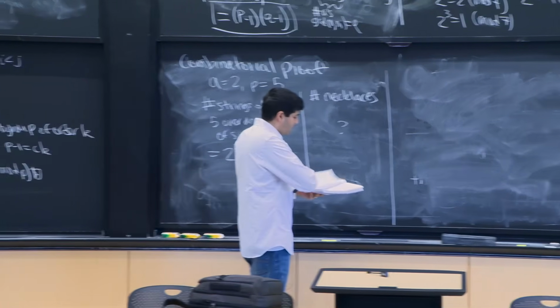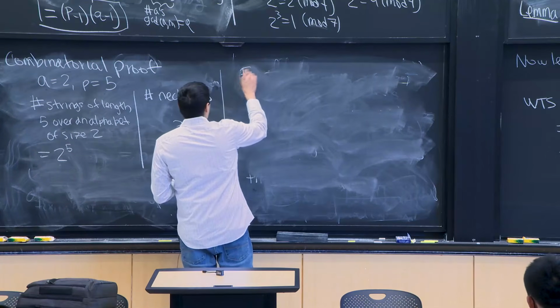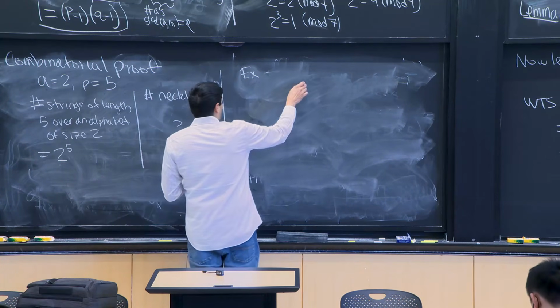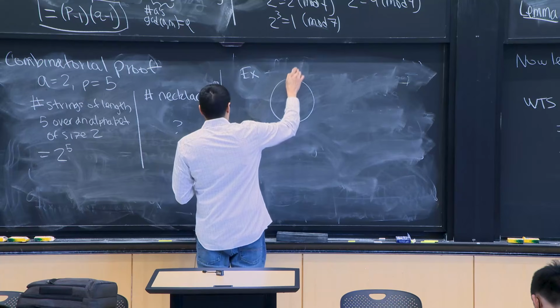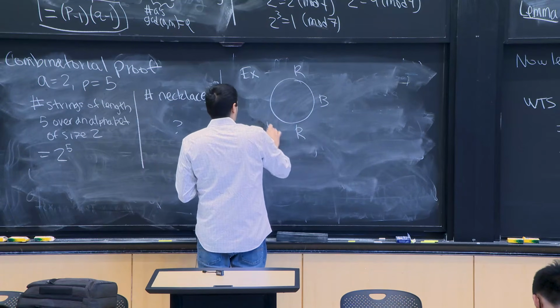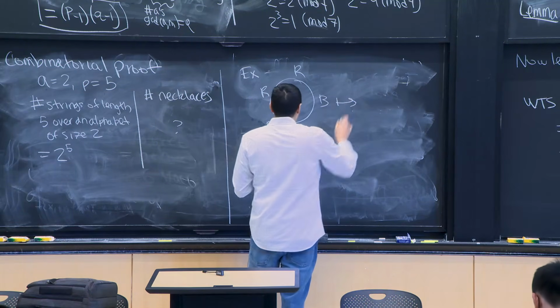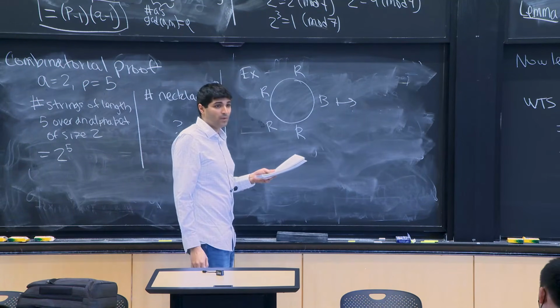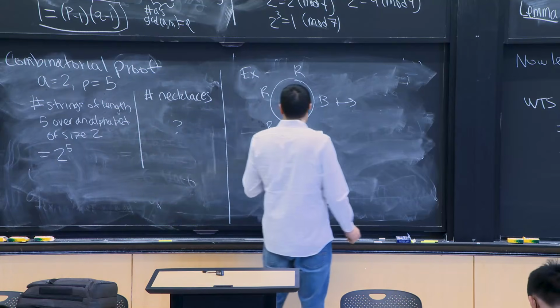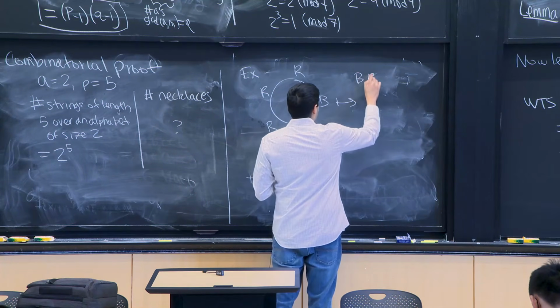And the way to think about it is that when you take an example, let's say a necklace that looks like red, blue, red, red, red, well, there are actually many strings it could have come from. In fact, there are 5 strings it could have come from, which all depend on where the B is.